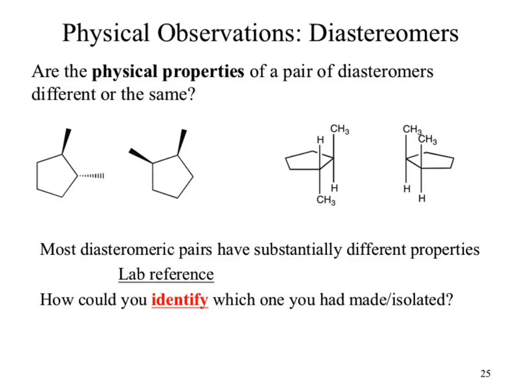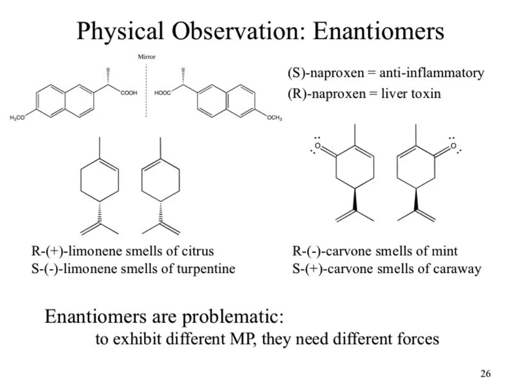But what happens if we switch to enantiomers? When I look just at the enantiomer itself, is its arrangement different than its mirror image with itself? It's a really hard question to visualize. If I stack a bunch of right hands together versus stacking a bunch of left hands together, is that stacking going to look different?